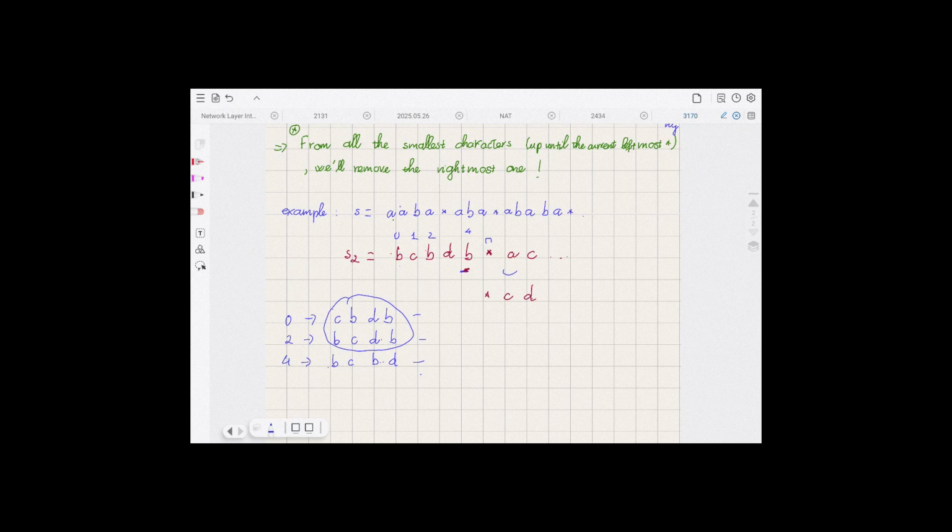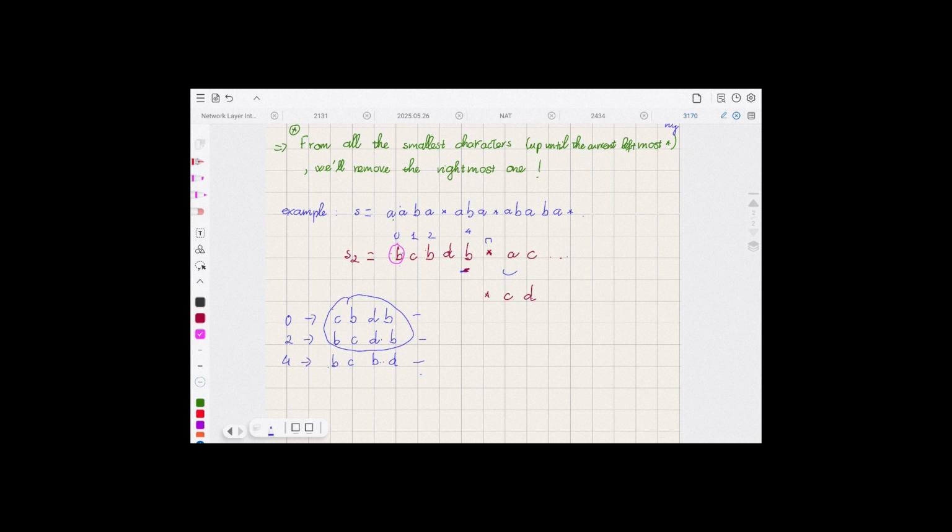To make it clearer, we'll write down the three resulting strings after removing B at index 0, 2, and 4 respectively. If we remove B at index 0, the string becomes C, B, D, B, and so on.